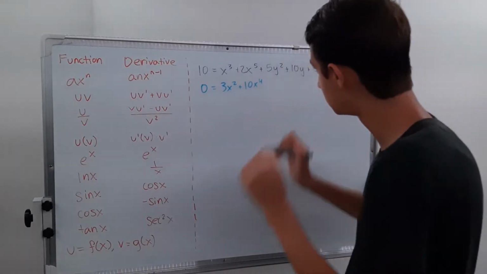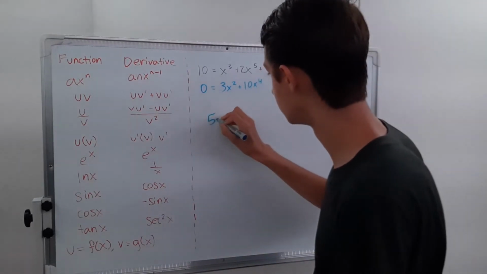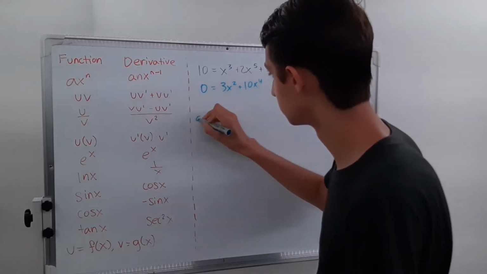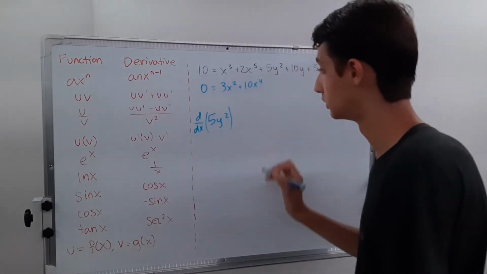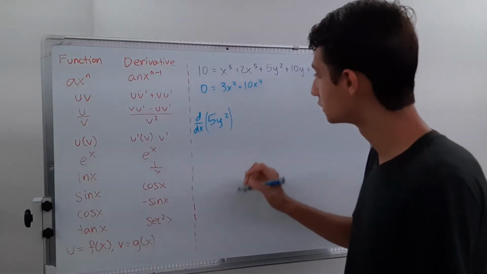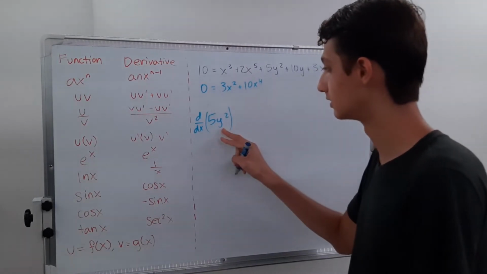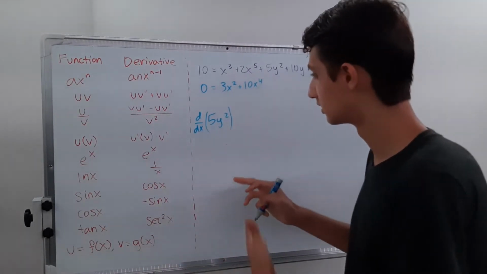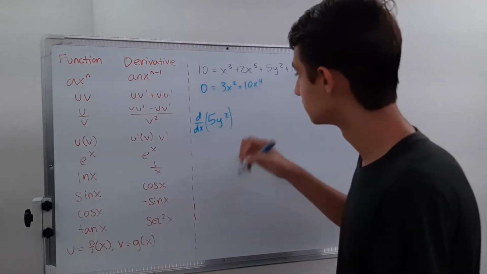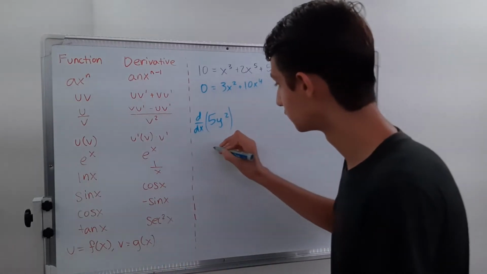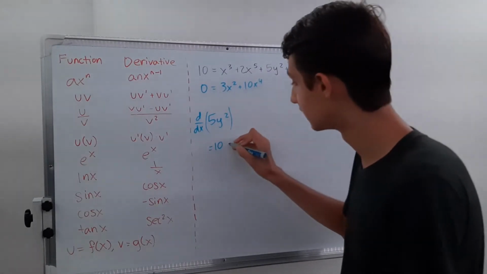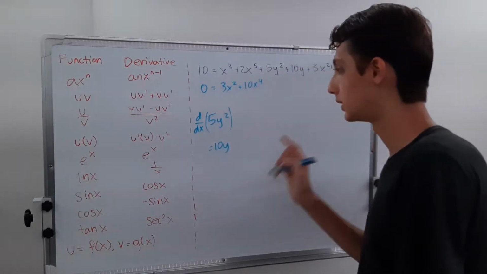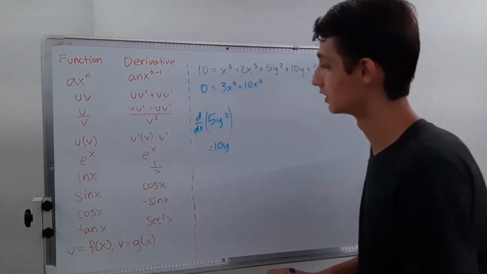So let me just take 5y squared down here. So we're taking d dx of 5y squared. Well, we can treat y as a normal x term, right? And so if we treat y as a normal x term, this becomes 10, and not x, but 10y. But this is where the chain rule comes in.